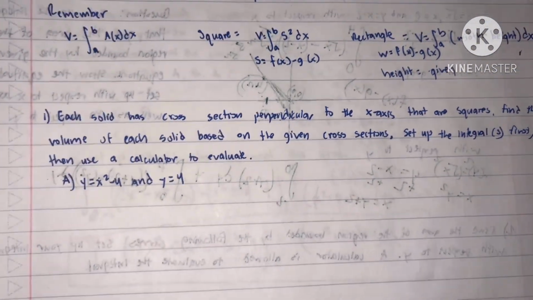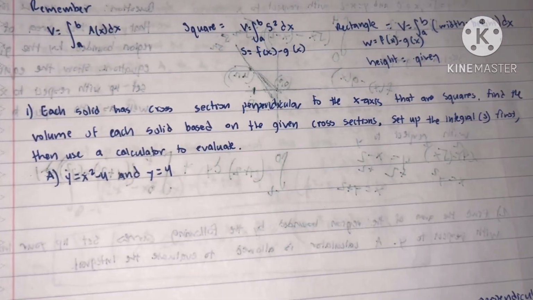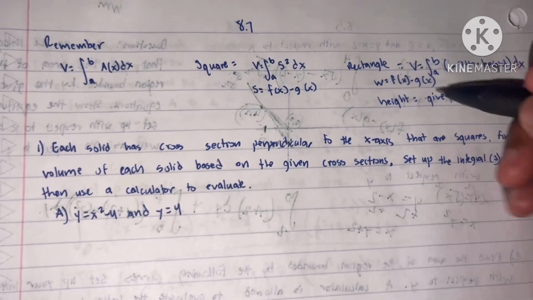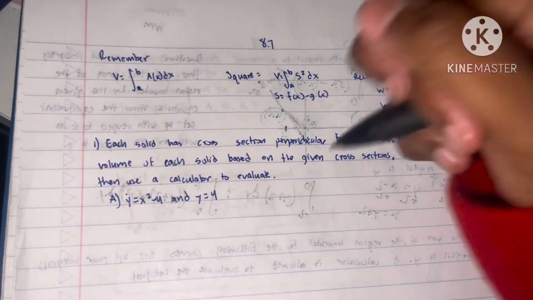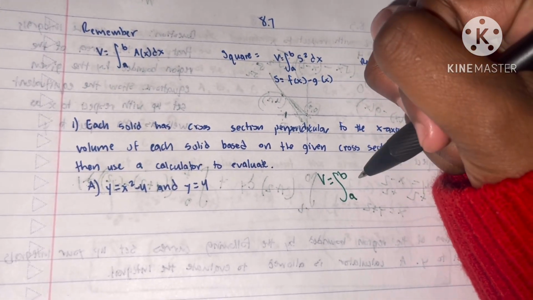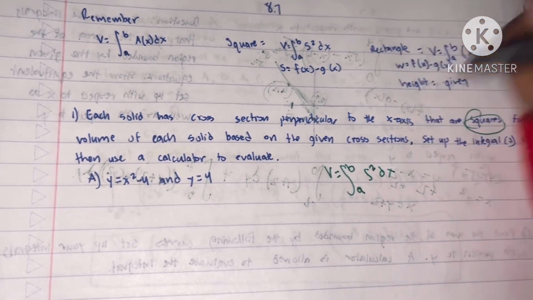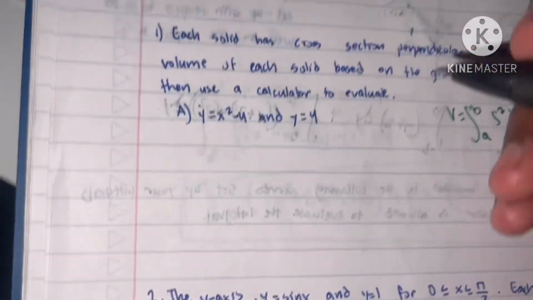Okay, so for this one, we're going to find our x-intercepts first, and it says that it's a square, so automatically we're going to be using the square equation. So we can put that right here because I do not want to forget, and that'll help you in the long run. Okay, so first let's find our x-intercepts.